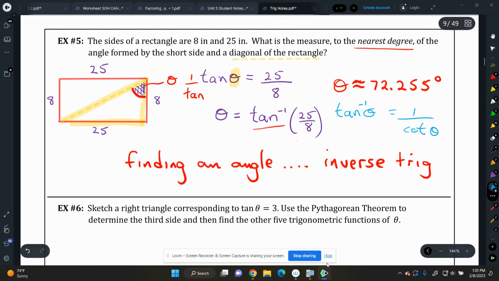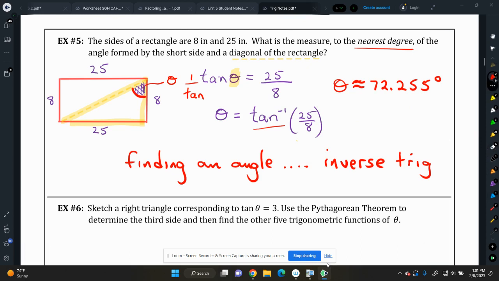Inverse tangent is not 1 over cotangent. Good question. Inverse sine is not 1 over cosecant. Inverse cosine is not 1 over secant. They are not equivalent.